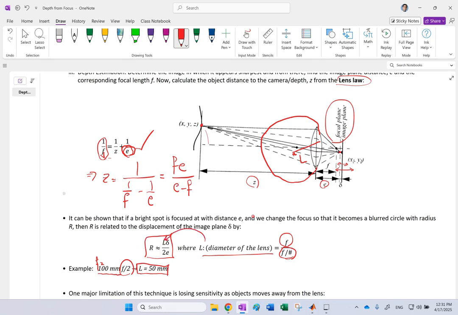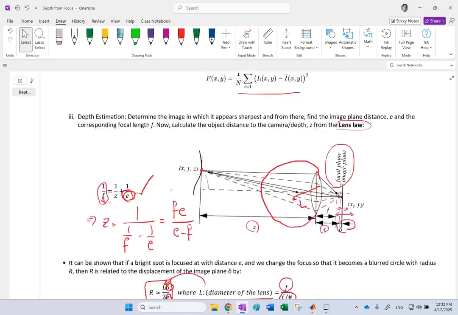What is E? E is the distance from the lens to the image plane when it's in perfect focus. So this is when the object is in focus. And what is delta? Delta is the displacement of the image plane from the focused scenario to the not focused scenario.